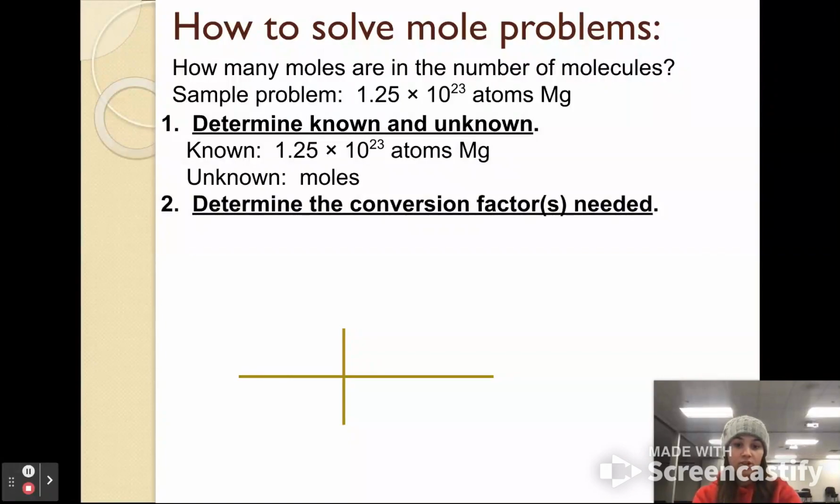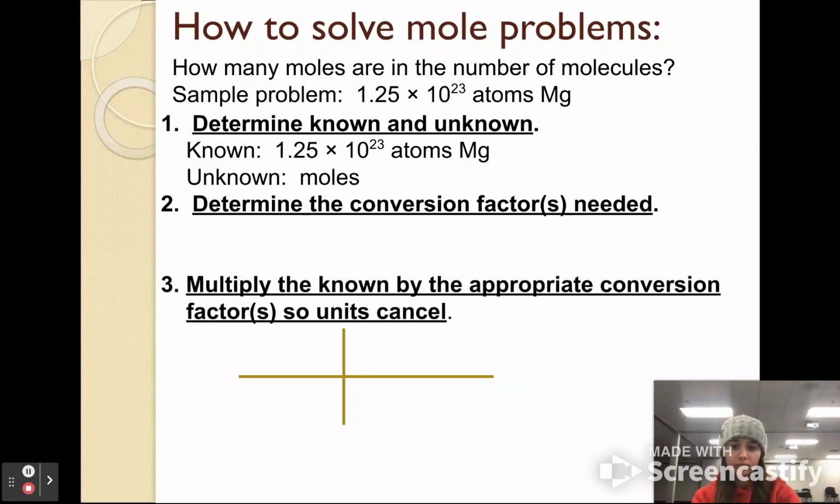So I'm trying to get from atoms to moles. Simple as that. So we're going to determine the conversion factors that are needed, right? The things that are equal to each other. So we do know that 6.02 times 10 to the 23rd atoms are equal to 1 mole.